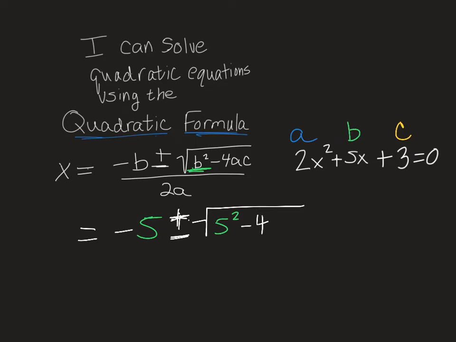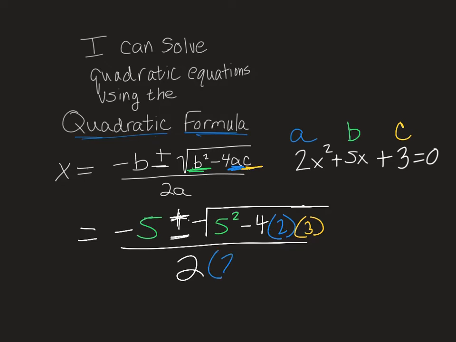The 4 is just always going to be part of it. Instead of 4 times a, we're going to substitute in the 2 value that we have for a, and instead of the letter c, we are going to substitute in there the 3 that we have, and all of this is over 2 times a.